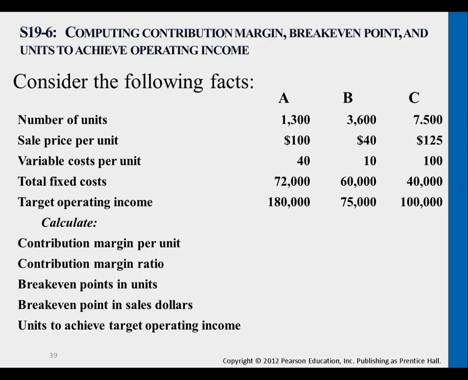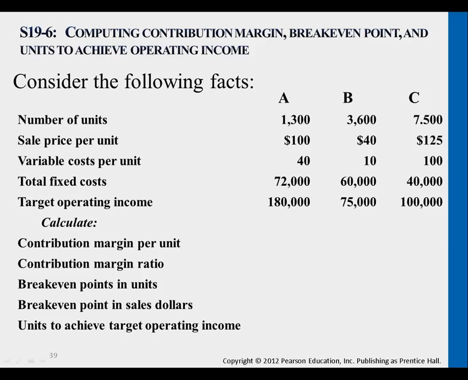What was the calculation for that? So you took your operating income, you added your total fixed cost, and all of that you divided by contribution margin. Right? Okay, the same goes for B and C. Let me show you what it is.